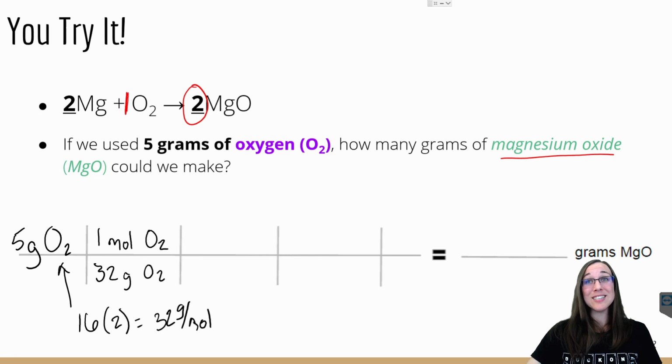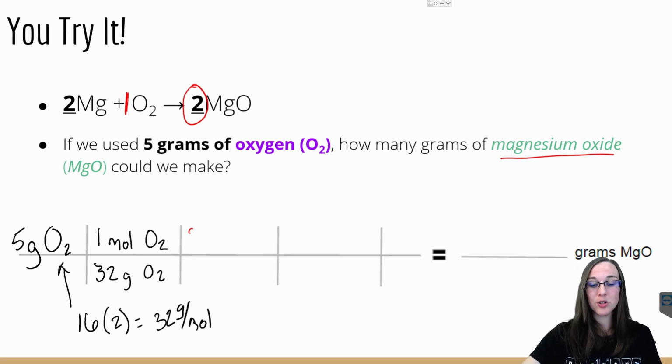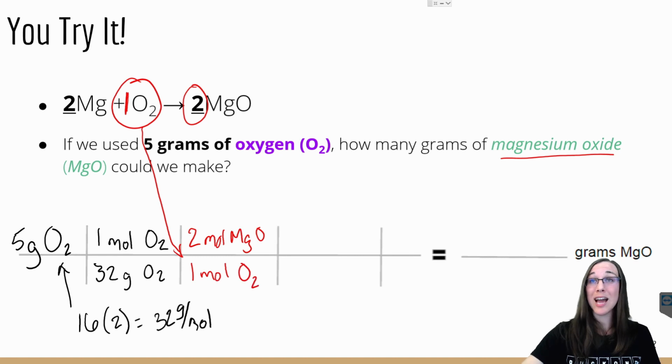The product is our goal. That's where we're going. And the goal goes on top. So here we would put our 2 moles of MgO on top, and we would put our 1 mole of oxygen on the bottom. We have to do that because now our moles here will cancel.